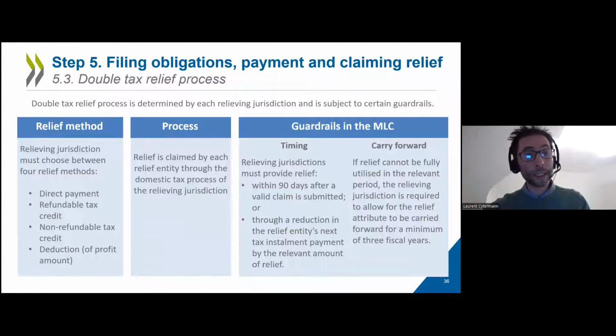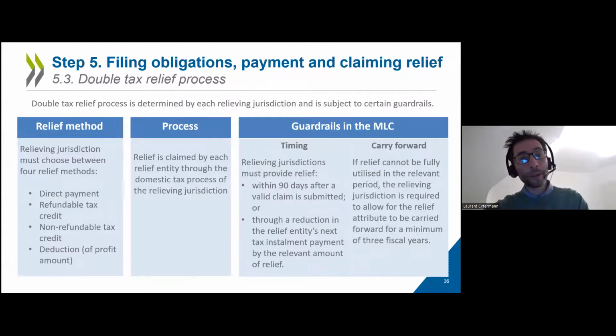Then the process, here it's a domestic process, because the relief entity is an entity of the relieving jurisdiction, so it already has an interaction with this tax administration, and so relief is claimed by its relief entity through the domestic tax process of this relieving jurisdiction.